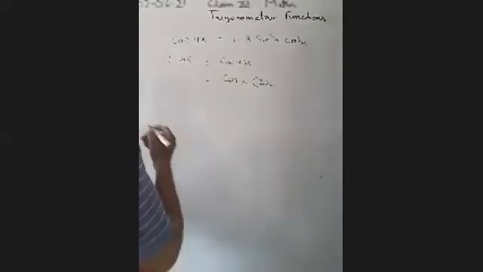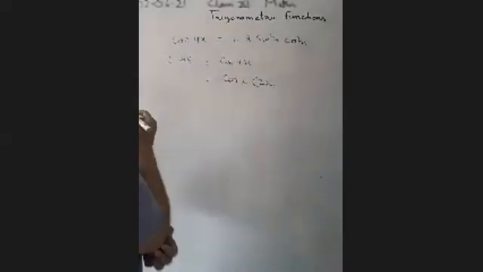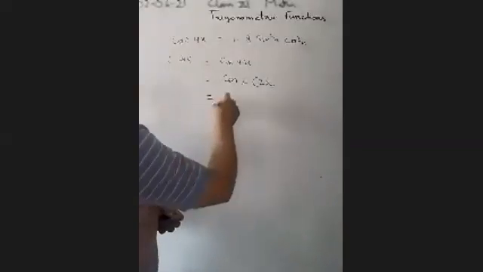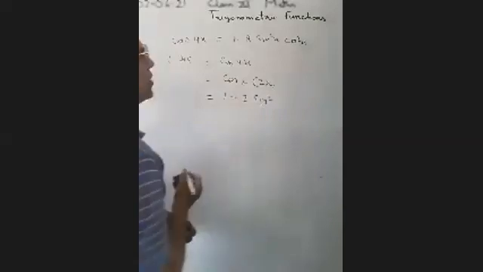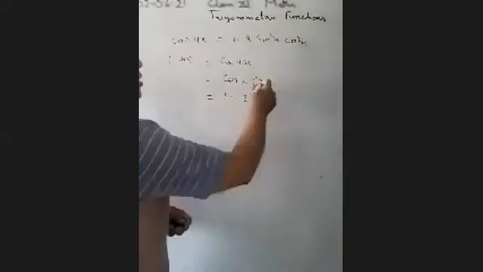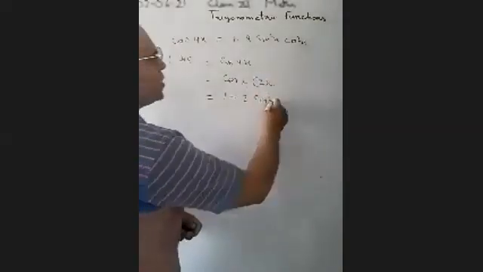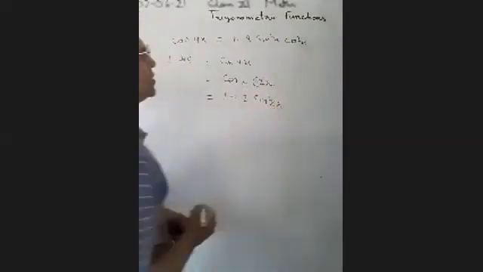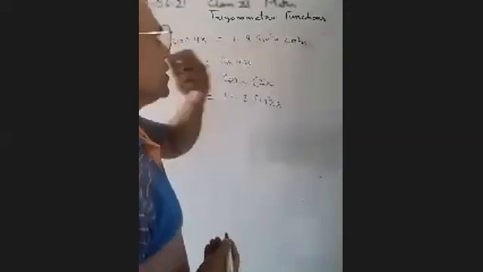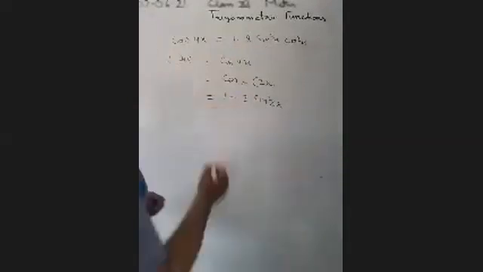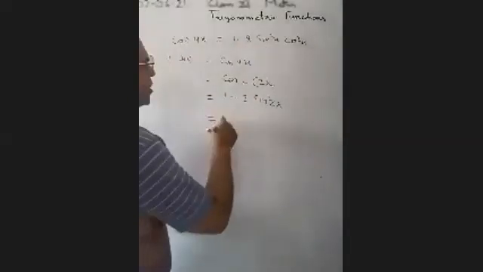Okay, cos 2θ is equal to, we can use the formula 1 minus 2 sin square x. Now, there are 3 formulas of cos 2x. So in place of x, we have 2x, so you have to write 2x here. But we have 8 cos square x extra. In place of sin square x, we now have sin square 2x. So we can use the formula of sin 2x also.